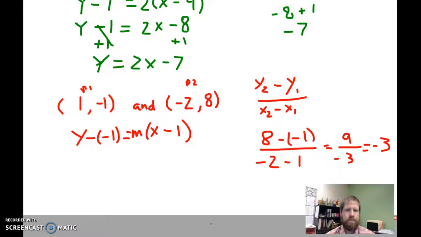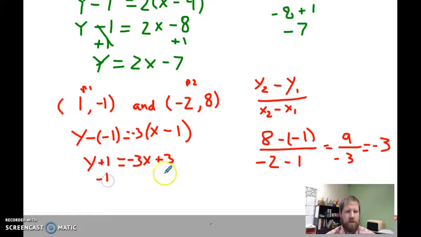And I can replace my m because I figured that out. It was negative 3. Distribute that out. If I distribute those negatives, it's going to be y plus 1 equals negative 3 times x, and then negative 3 times a negative 1 is going to be plus 3.